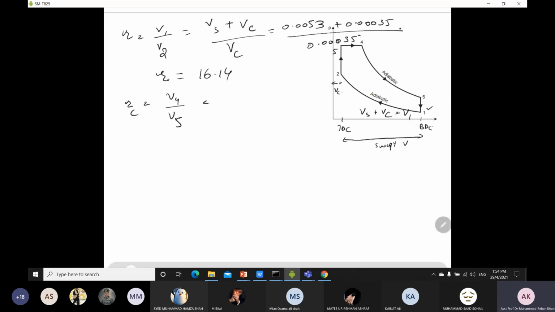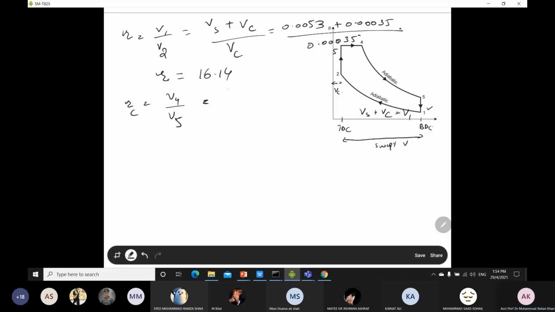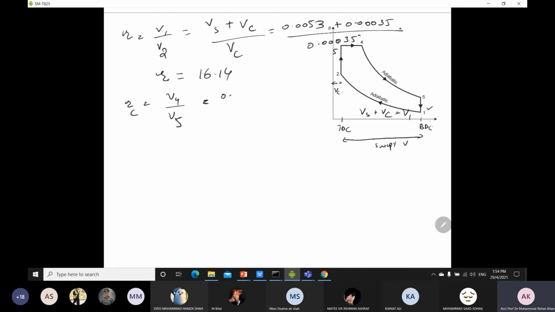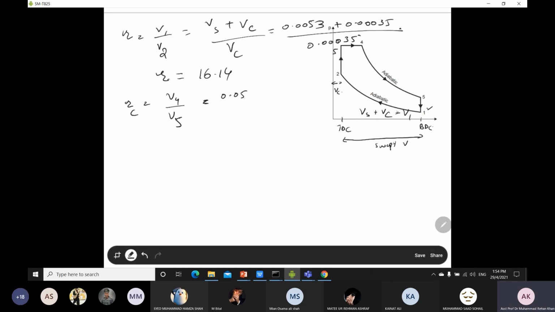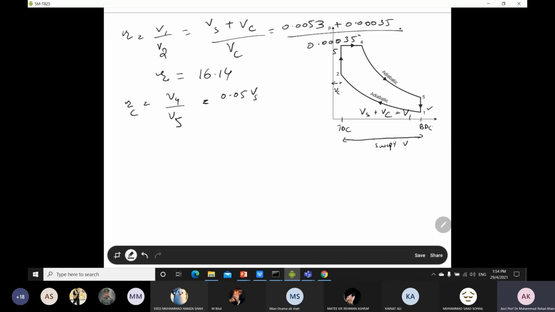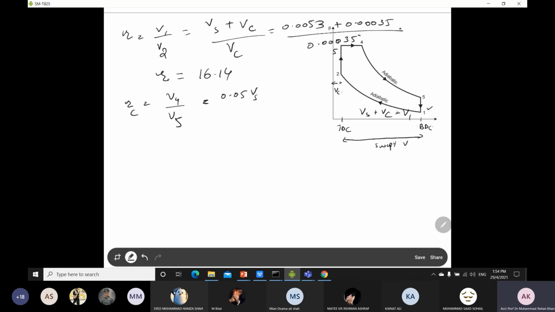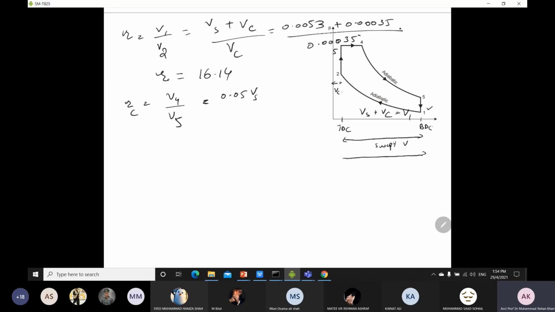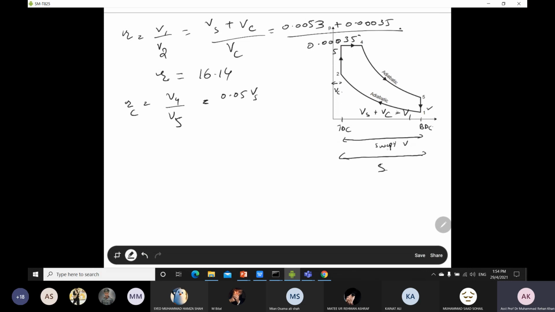It means that your V4 point is equal to 0.05, which is 5% of the stroke. For the stroke I can say it will be V swept. Okay, because if you remember, the stroke is the distance between TDC and BDC, and whatever volume is in between your stroke is the swept volume. So that's why I write Vs over there.